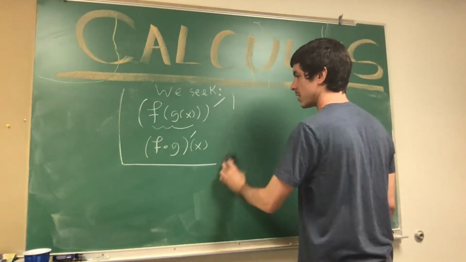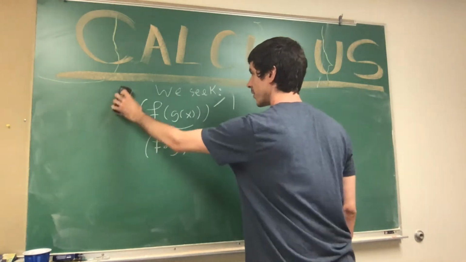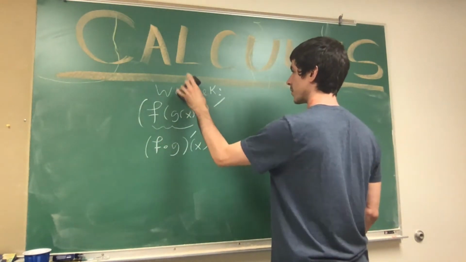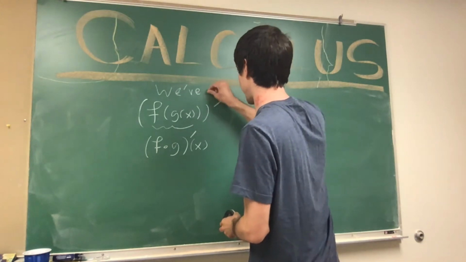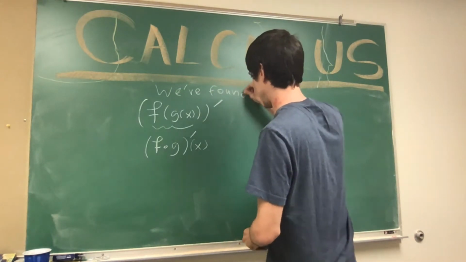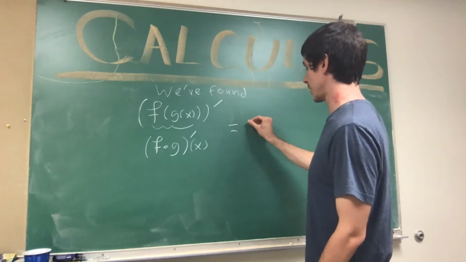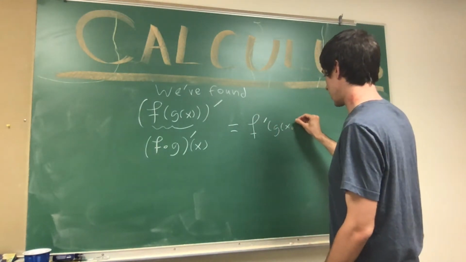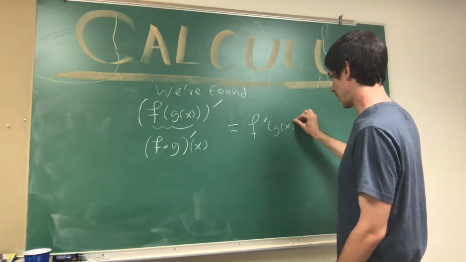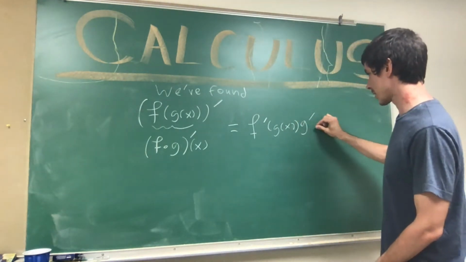The chain rule is that this derivative equals f prime of g of x times g prime of x.